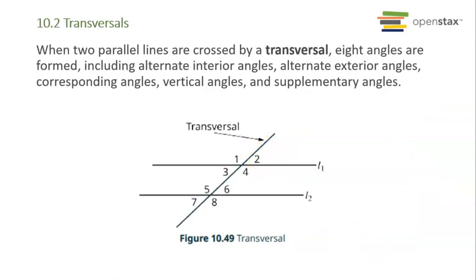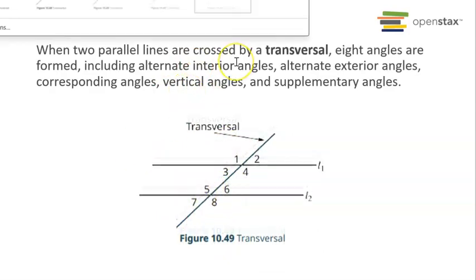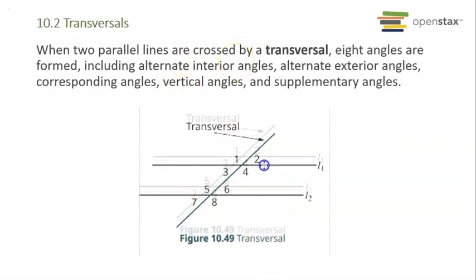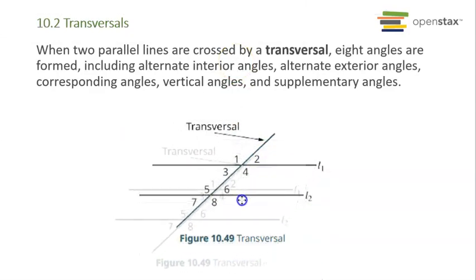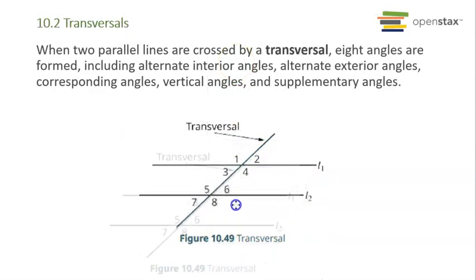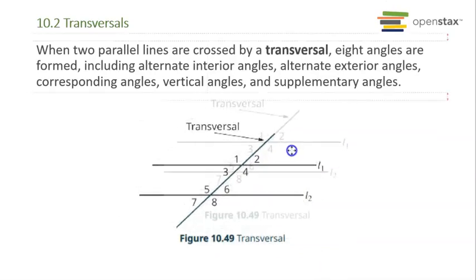I mean, you do get 8 angles, but what you really have here is the same set of vertical angles twice. You can see that if you just follow that line and transversal down, they're the exact same thing, whether you go up or down.